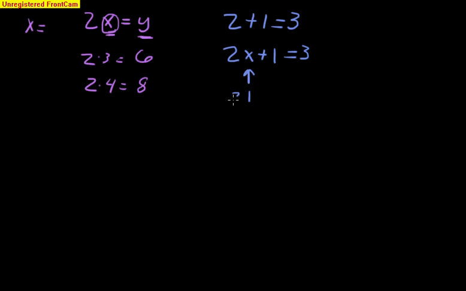In which case, 2 times 1 is 2 plus 1 is equal to 3. So this is an algebraic expression. This top one is not because it doesn't have a variable. This is just an expression.